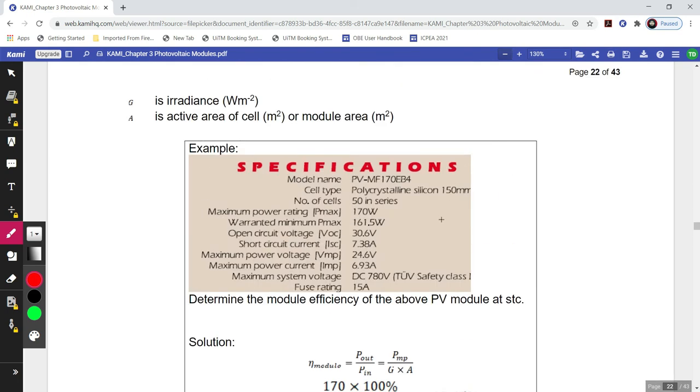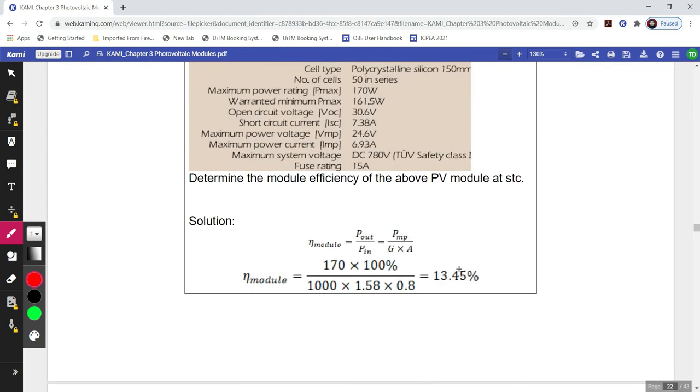So this is an example to calculate the efficiency of the module. Efficiency equals PMP, so PMP equals 170 watt, divided by G, multiplied with A. We take G at standard test condition, which is 1000 watt per square meter.